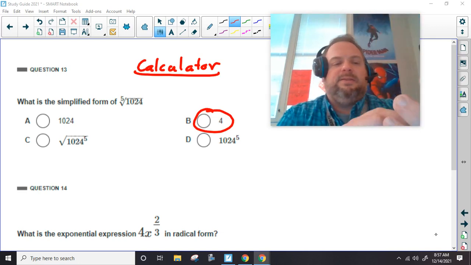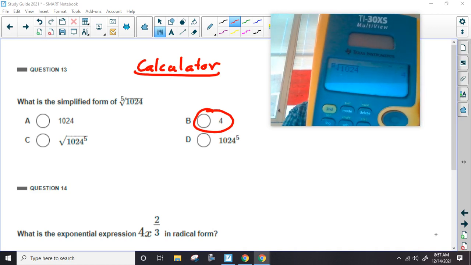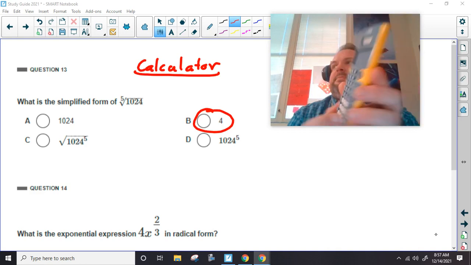Now it does right there, and then I put 1024. So it would actually take the root like that.